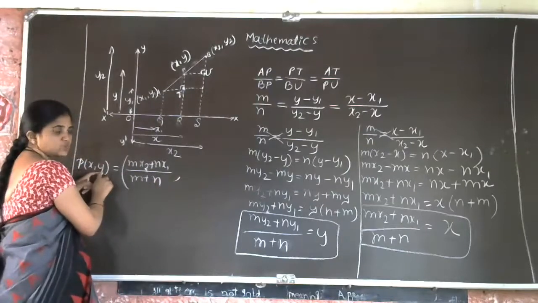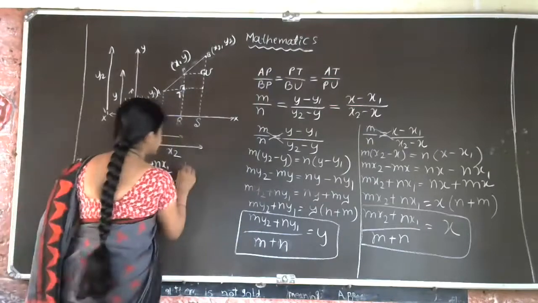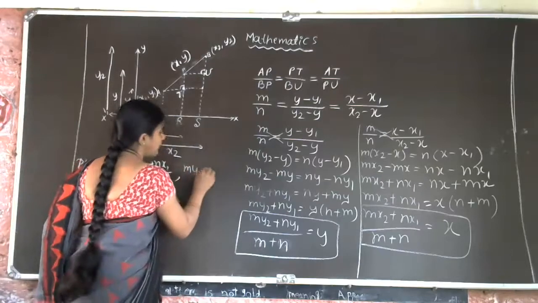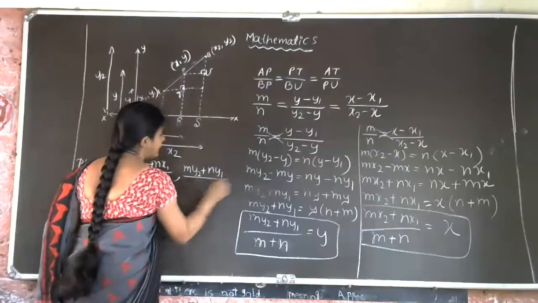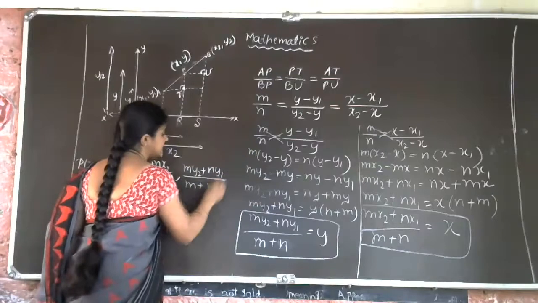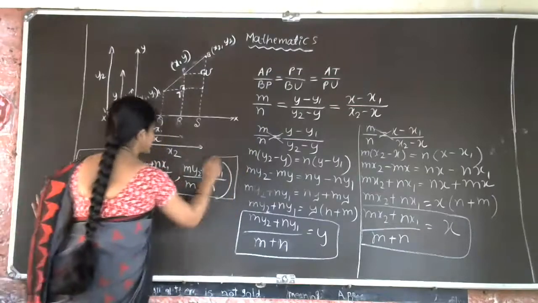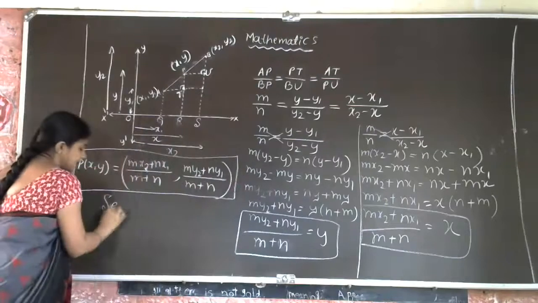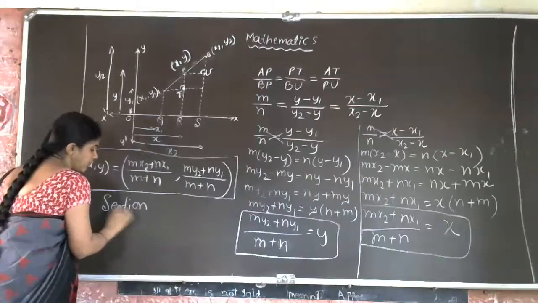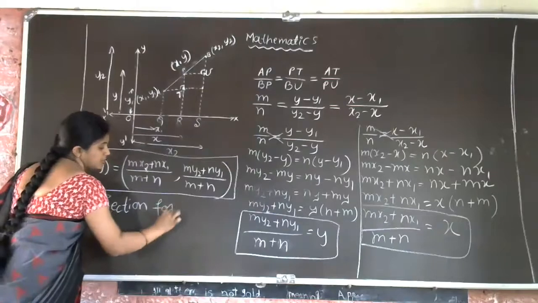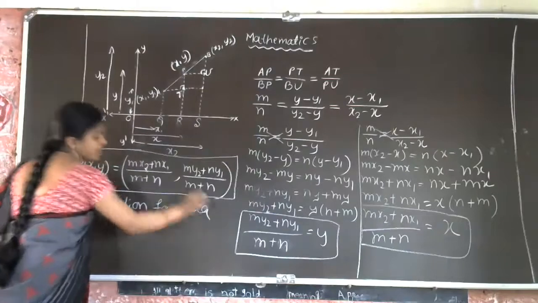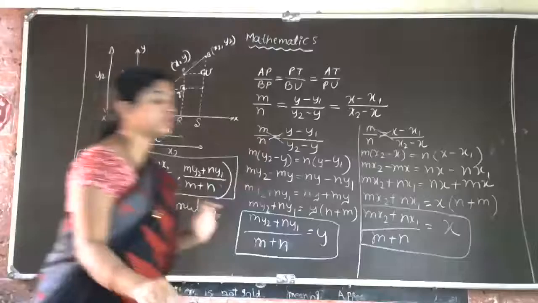The y value is my2 plus ny1 divided by m plus n. So actually this is called the section formula. This formula is known as the section formula.